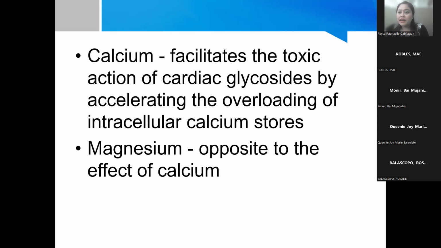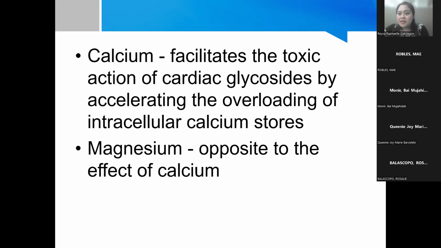Kasi nagbigay ka pa ng digoxin, pumasok na yung maraming calcium sa cell, tapos marami pa talagang calcium yung patient, so daghan na kayo og calcium sa sulod. So again, that will facilitate toxic activity of the cardiac glycosides, the digoxin in the body.